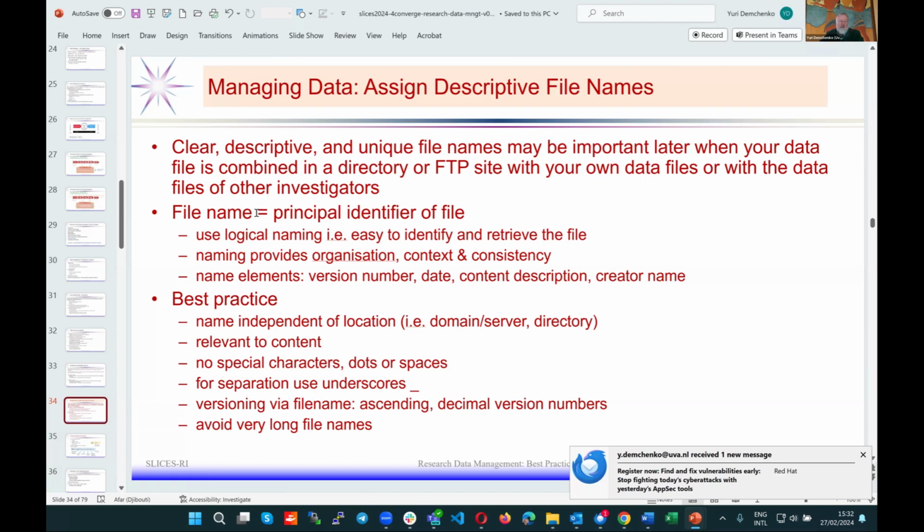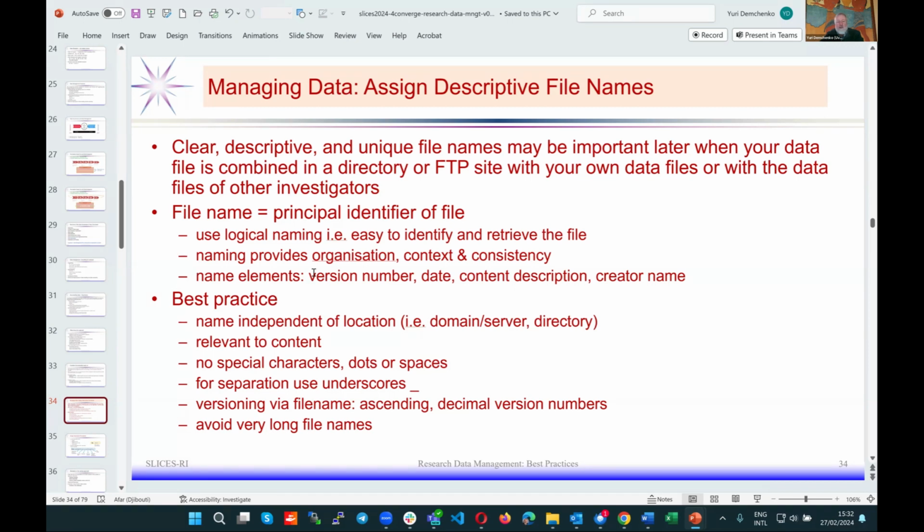How to name files, how to search, how to locate them in different directories. File names should be descriptive, so that they actually point to the content inside the file. So if you have different papers, even for example from one conference, if you download them, sometimes they have the name of the conference, sometimes not.